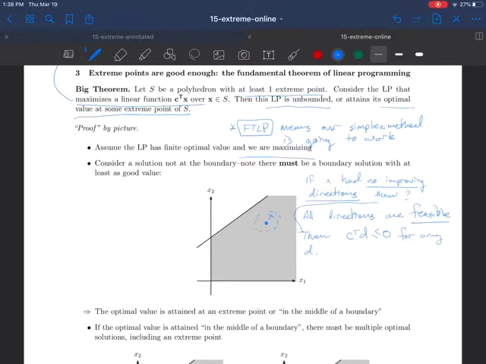So if c transpose d now is strictly less than 0, what does that mean? So let's suppose it were in this direction here. So this direction d had c transpose d less than 0.